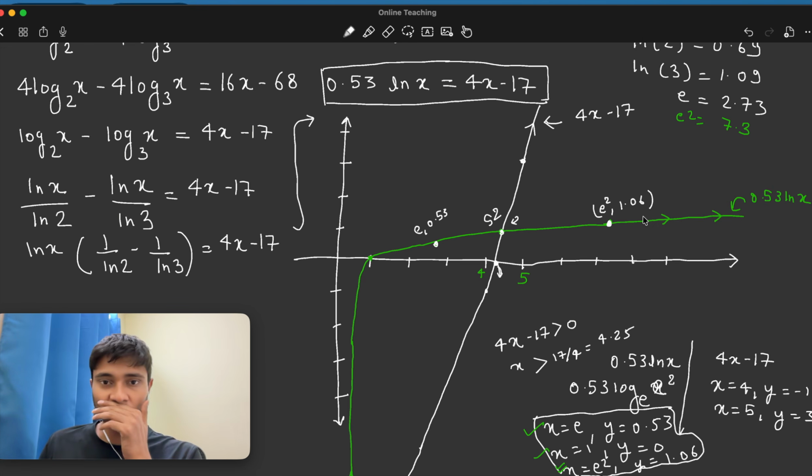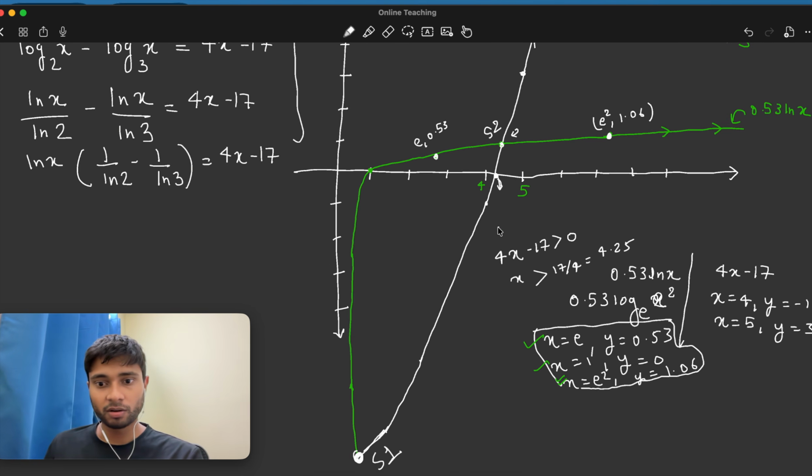What I'm saying is the y coordinate will satisfy 4x minus 17, because this point is part of a straight line as well as of the logarithmic curve. This point is the intersection of the two. So I can say 4x minus 17 at the point of solution, at the point S2, should be less than 1.06 and more than 0.53.